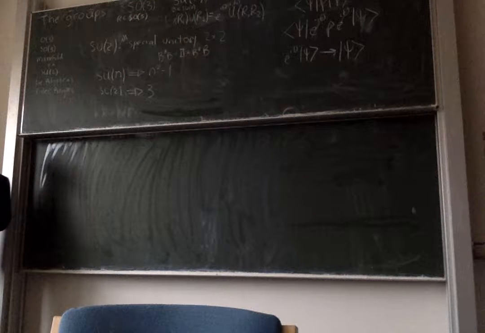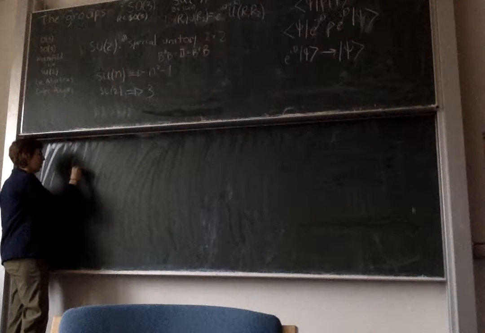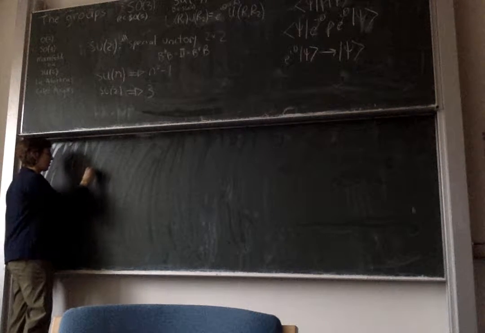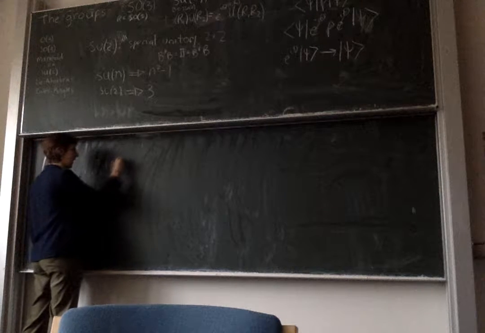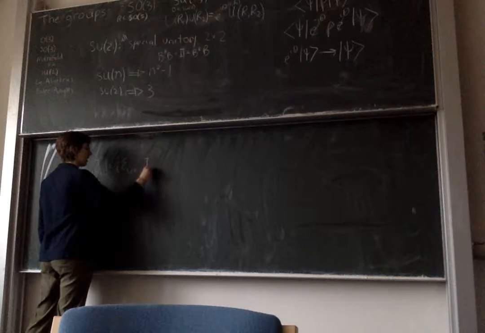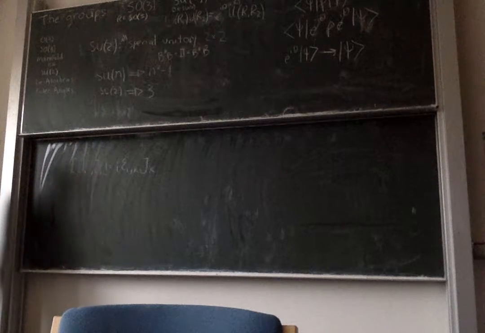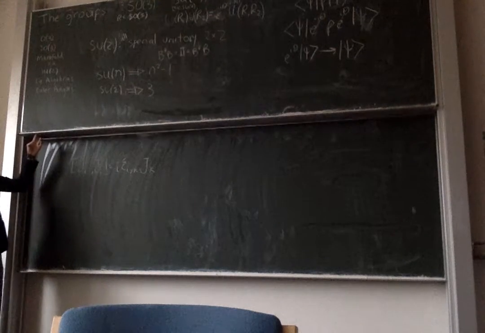So we have that their Lie algebras are isomorphic, so for the generators, they both satisfy that Ji, Jj is equal to i epsilon ijk times some Jk. So they both follow this commutation relation.